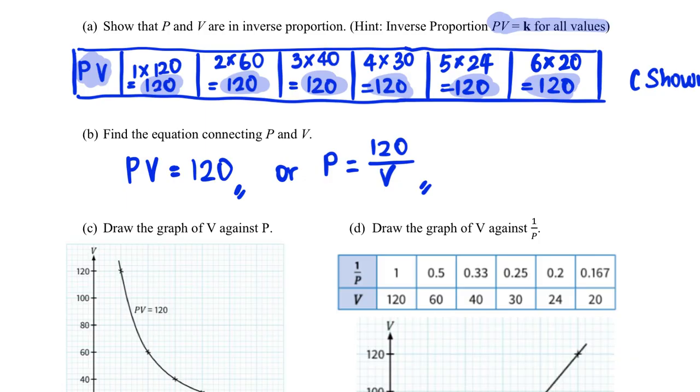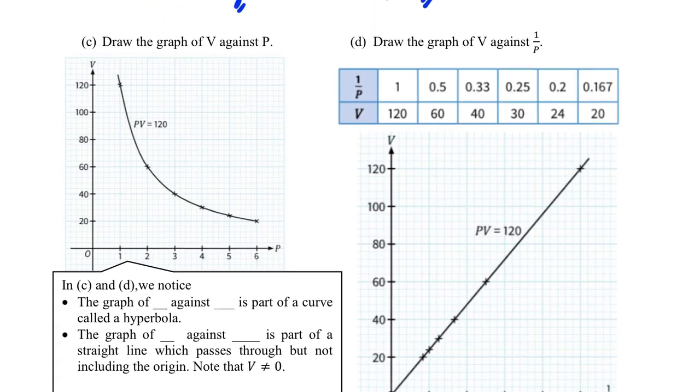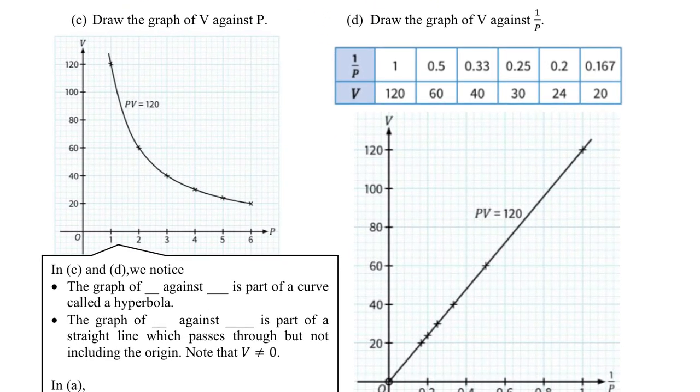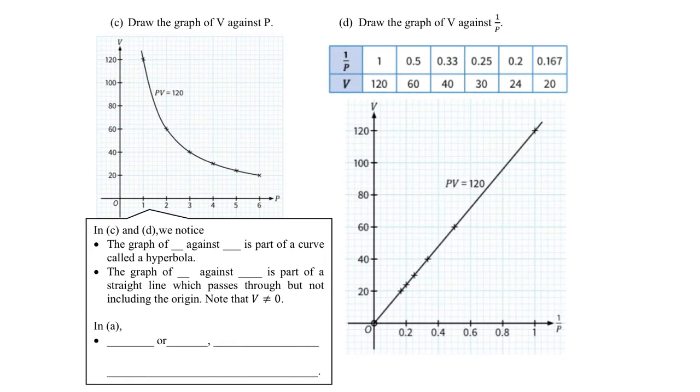And for part C and D, when we draw the graph of V against P and V against 1 over P, the graph has already been drawn. So now we just want to notice certain observations between the two different graphs.